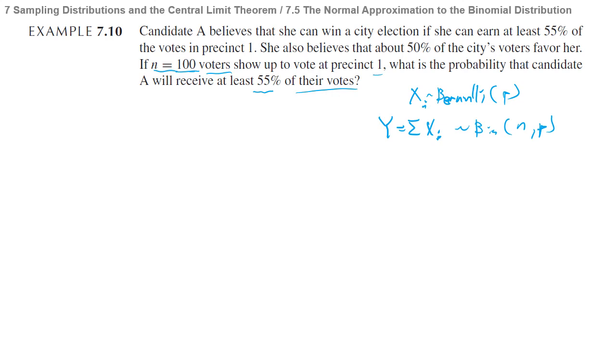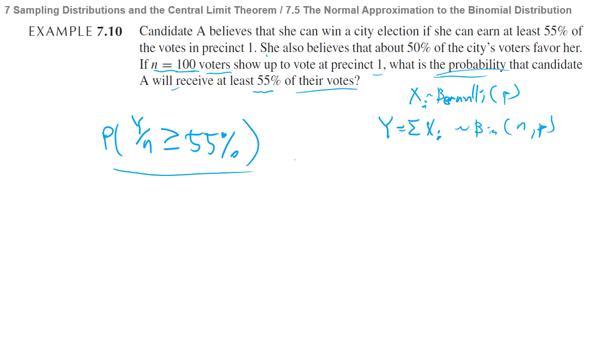We want to check the probability that candidate A will receive at least 55% of their votes. The estimate of the vote rate would be Y over N, and we want to calculate the probability that Y over N is greater than or equal to 55%.